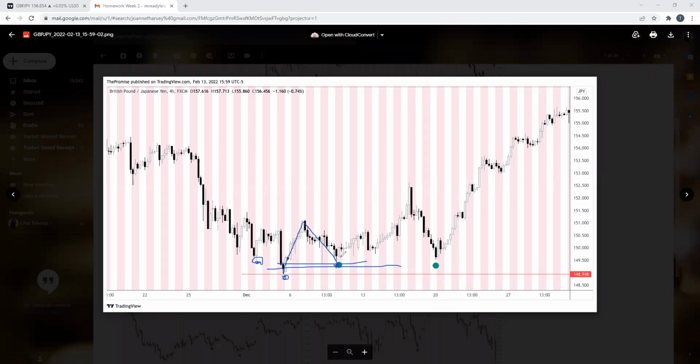You want to wait till price breaks above this, which it does right here. Then you can look for price to come back again into this one, and you could take this trade to then go on to whatever time frame you're on, whatever take profit you want.